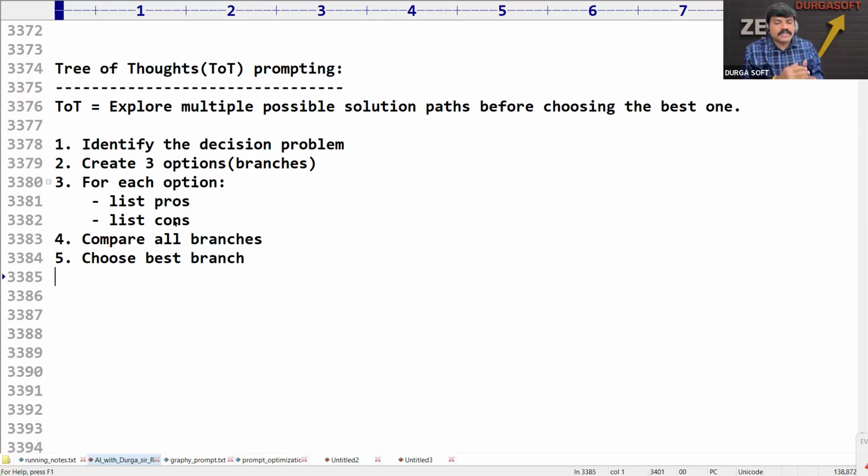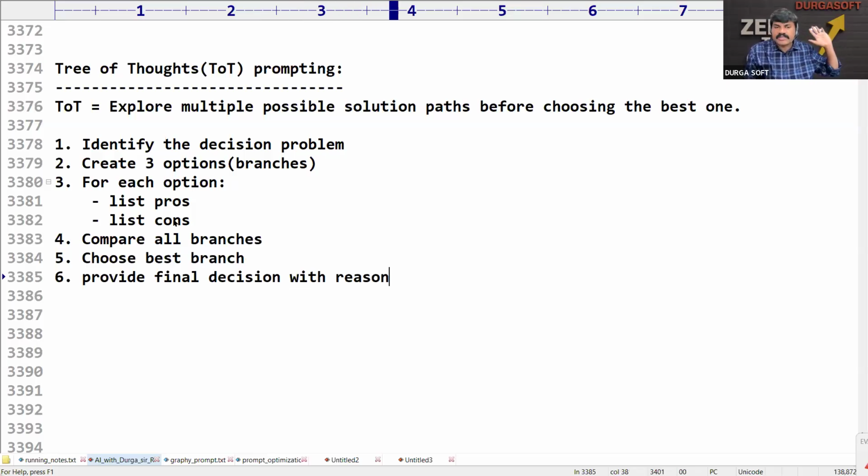Provide the final decision with the reason. Okay, that's all. And then expand if it is required. Among these three, this is the option we are going to select, and then provide a list of what activities you require to do. If it is required, happily you can expand that branch.